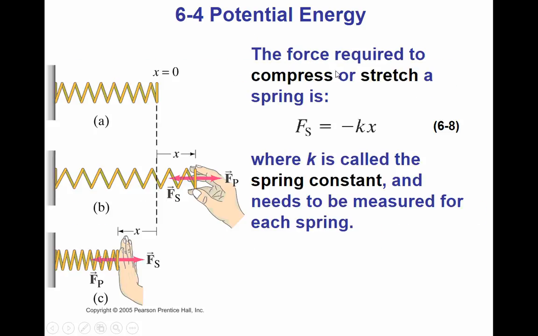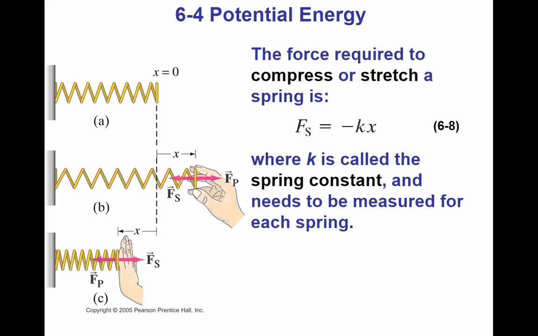And here is that spring constant that I had talked about before. So the force of the spring is equal to negative kx, where k is the spring constant. It is a fundamental value of that particular spring. Not every single spring, okay? Just that particular spring.